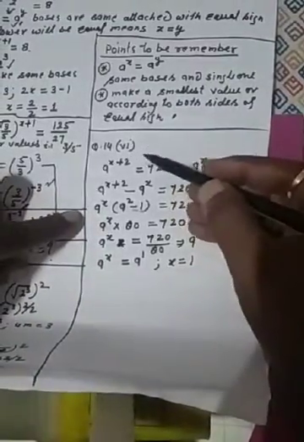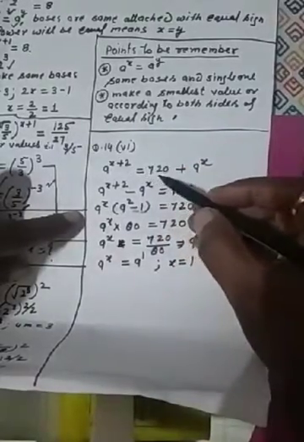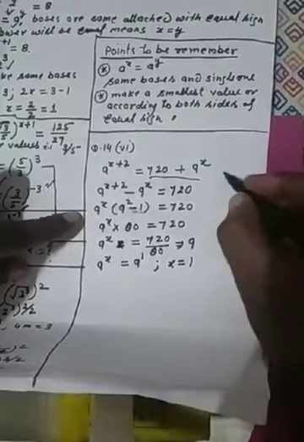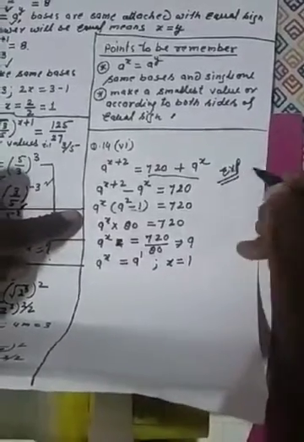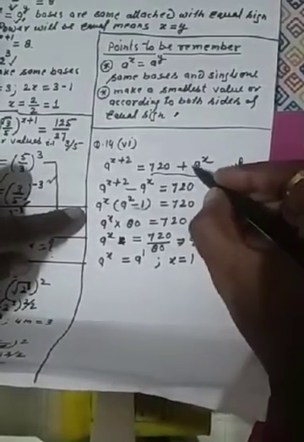Now see question number 14, sixth part. In such types of question, see 9 to the power x plus 2 is equal to 720 plus 9 to the power x. If anything is in the expression part, please note it here, it will always become a single one.